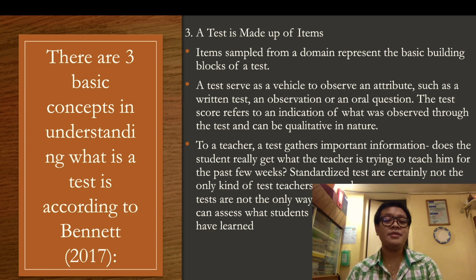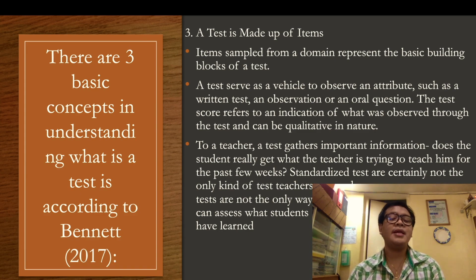A test serves as a vehicle to observe an attribute, such as a written test or an observation of an oral question. The test scores refer to an indication of what was observed through the test and can be qualitative in nature. To a teacher, a test gathers important information.